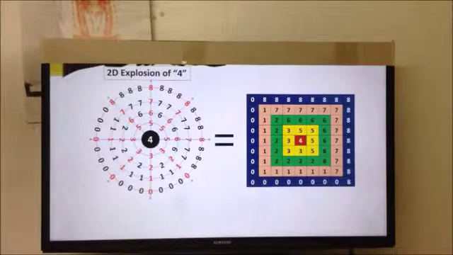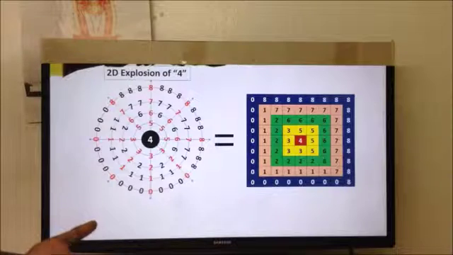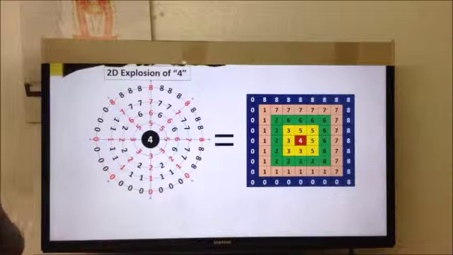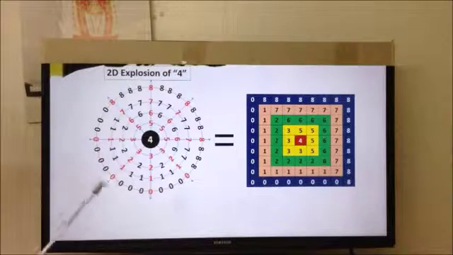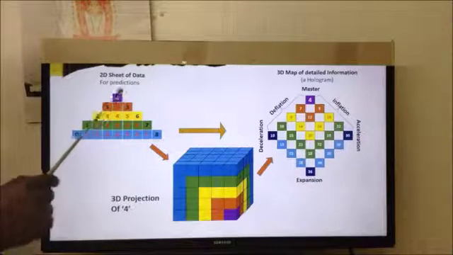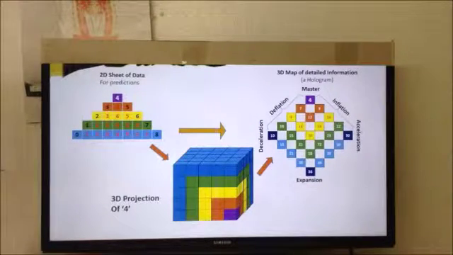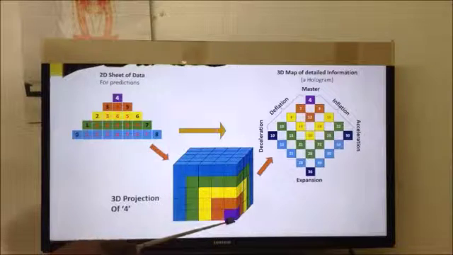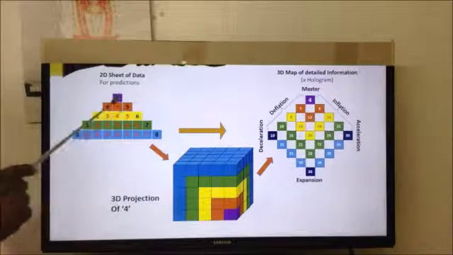So now let's see what happens when an explosion or a projection happens in 3 dimensions. Here we have the 2 dimensions. If we get the same number 4 starting here, see the color.